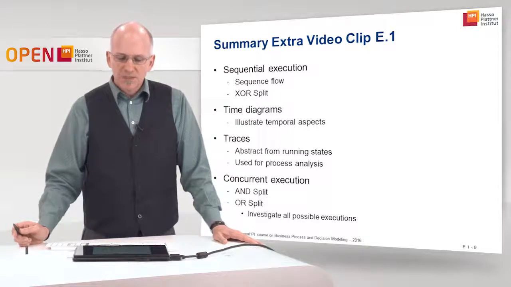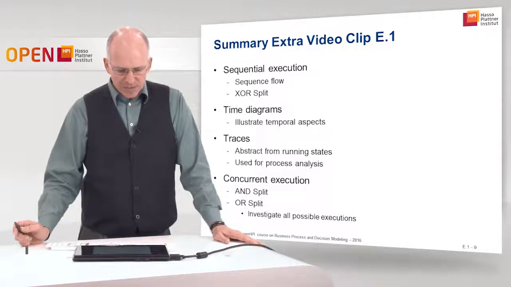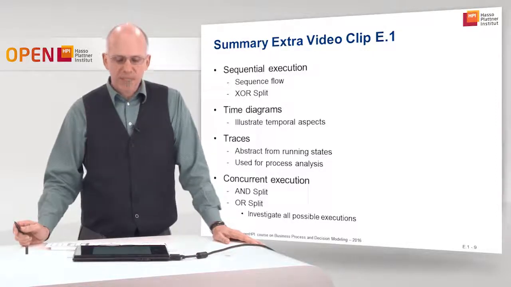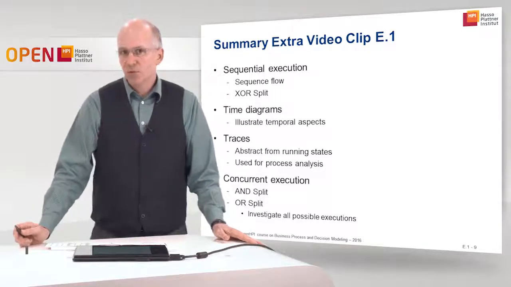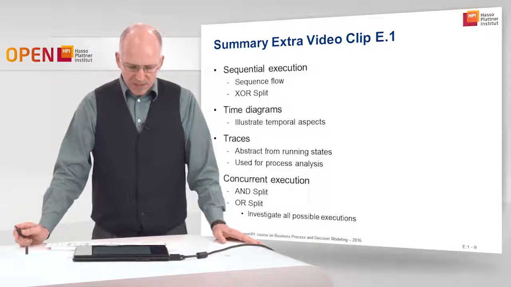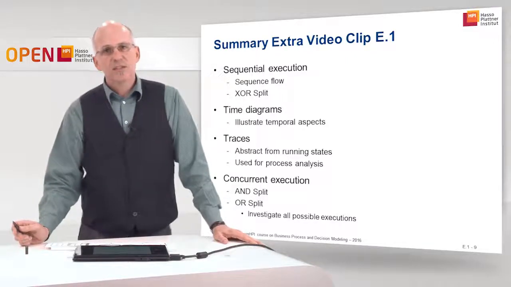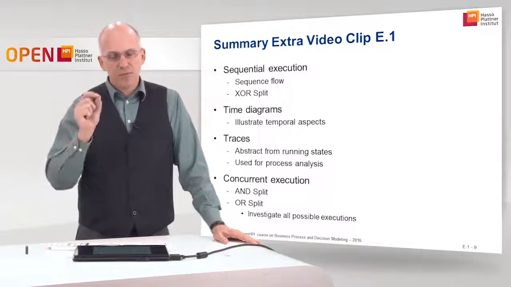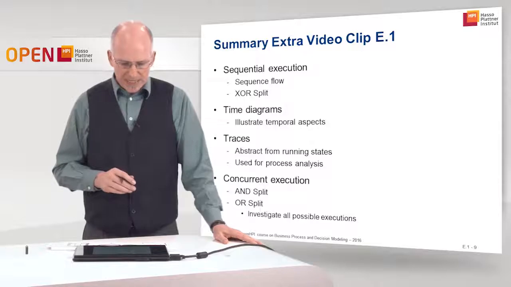But we also end up with sequential executions when we have XOR splits only. We looked at time diagrams to illustrate the temporal aspects of activity executions in process models. And we abstracted them to traces, where we abstract from the running state and just give the name of the activity when it terminates.